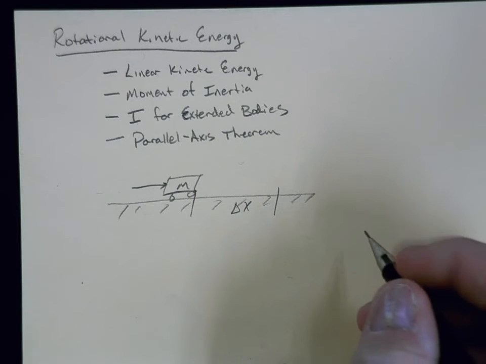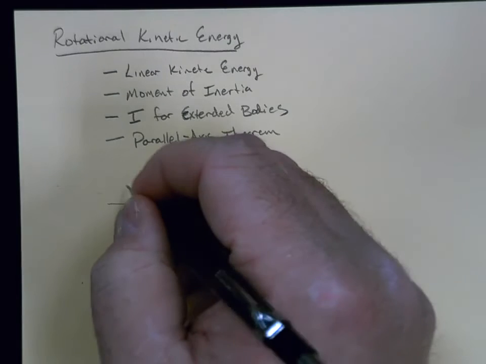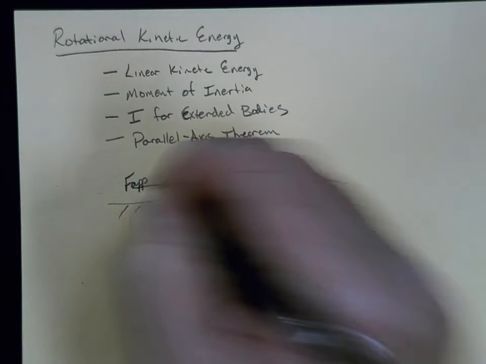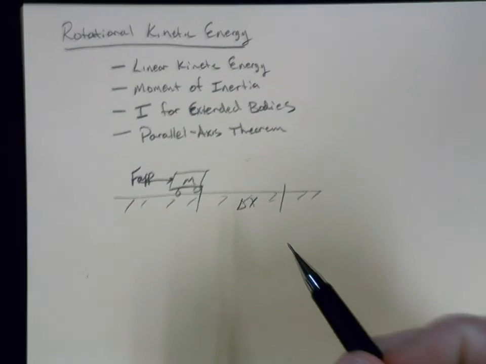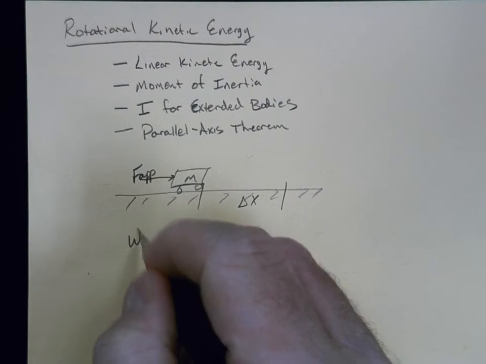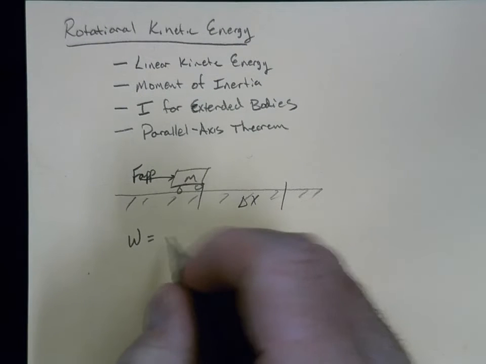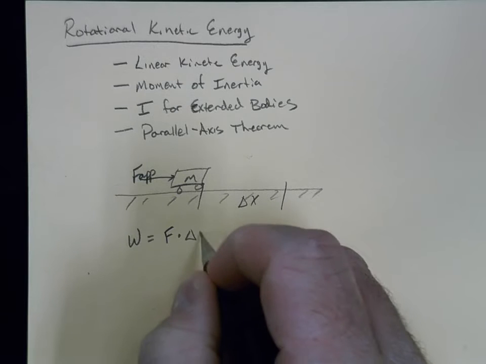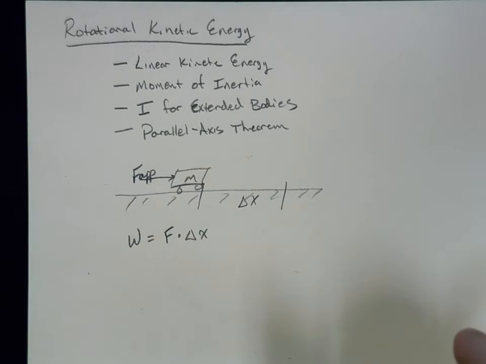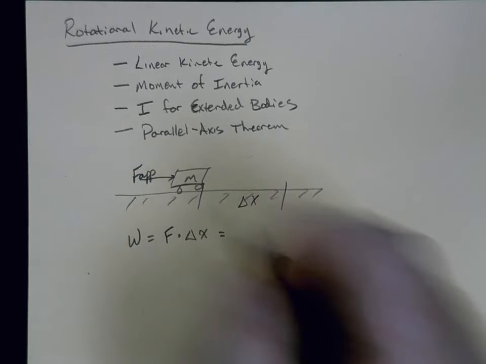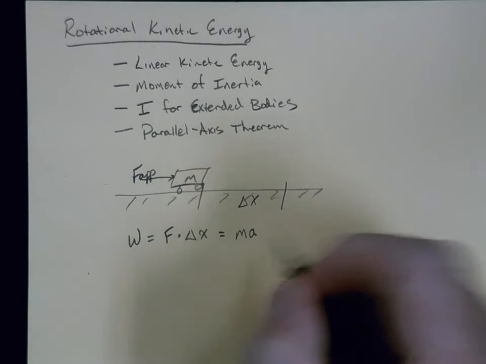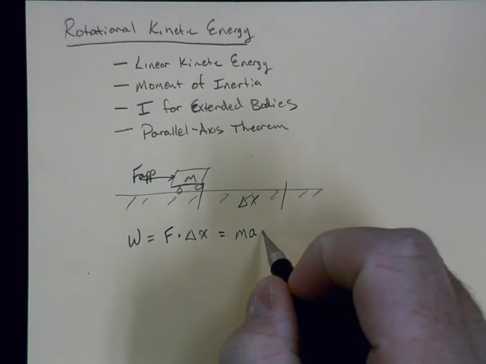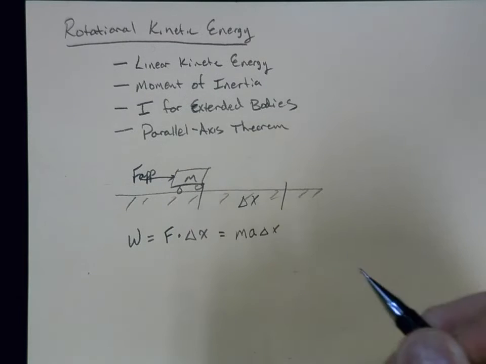We know from our definition of work that work equals the force times the displacement over which we do this work. And we can extend this: it's our mass times the acceleration of our object times that displacement.